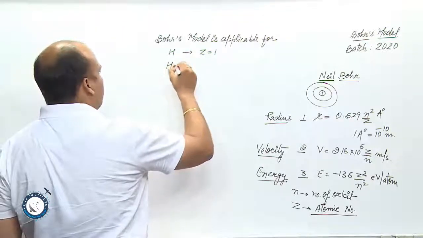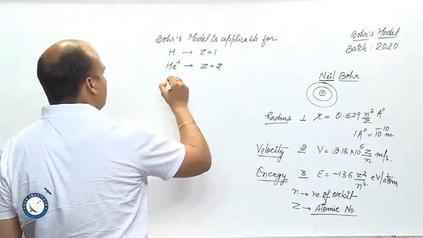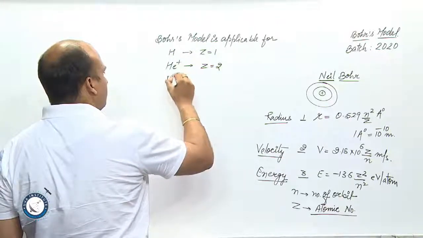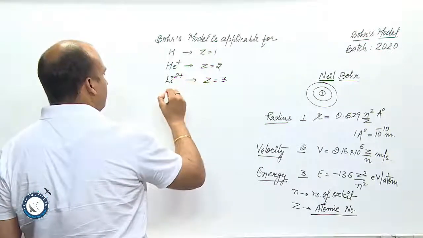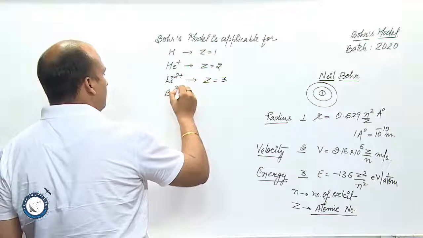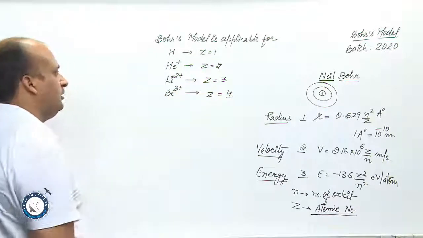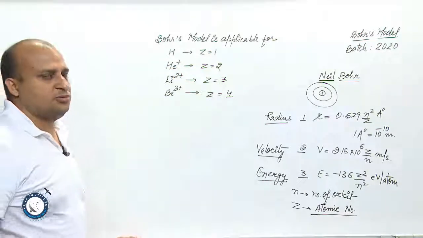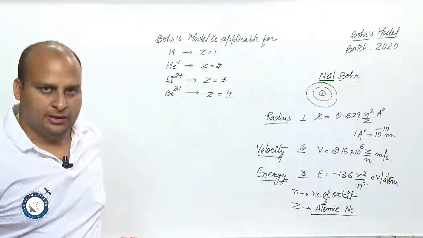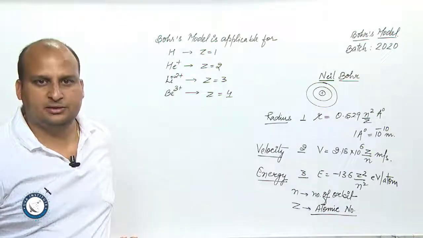Then it is also applicable for He plus, 2 protons, Li2 plus, 3 protons, and Be3 plus, 4 protons. Okay, applicable for 1 proton, 2 protons, 3 protons and 4 protons. That is, it is applicable for hydrogen, He plus, Li2 plus and Be3 plus.